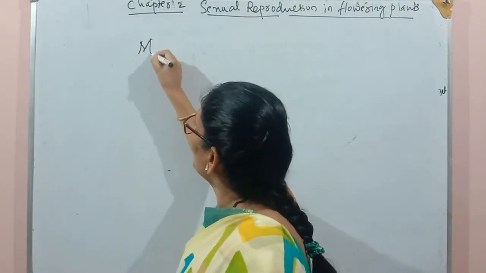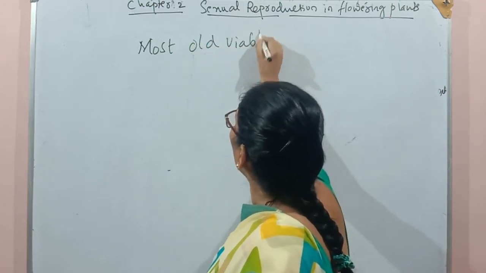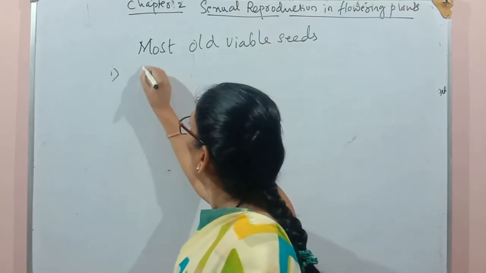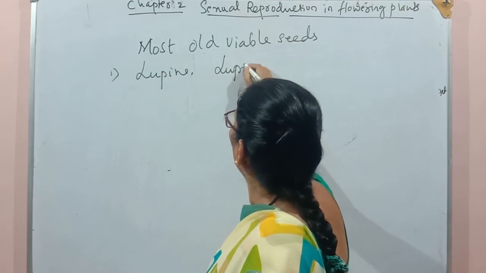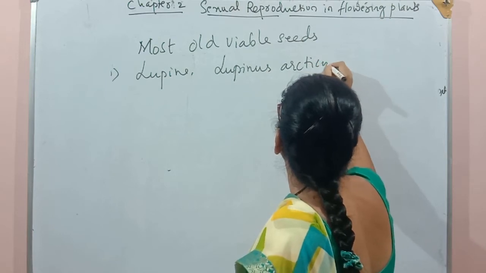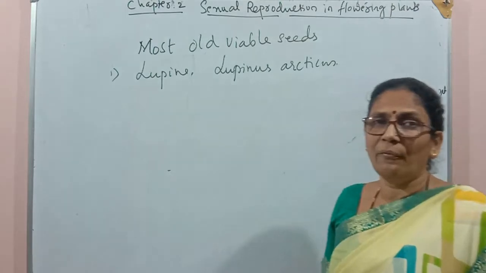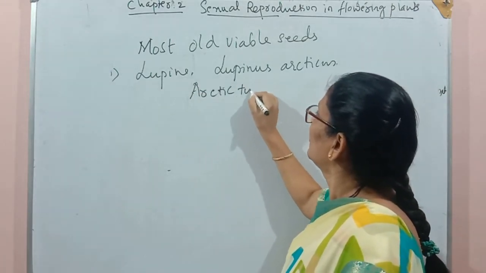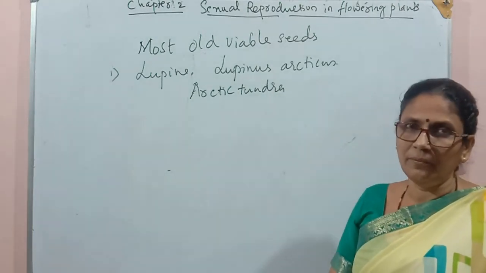There are two such examples which are considered the oldest viable seeds. The one is the lupine, or Lupinus arcticus, which was excavated, that is, removed, from the Arctic tundra.